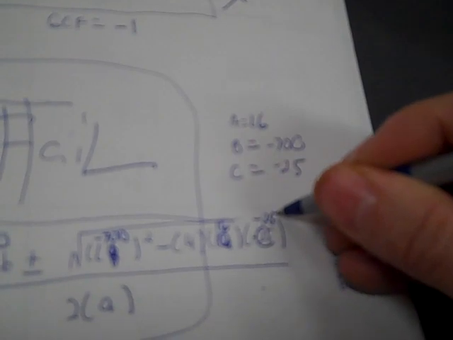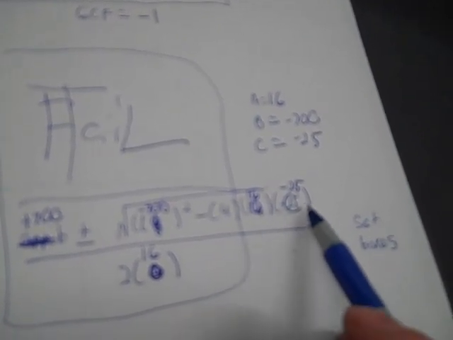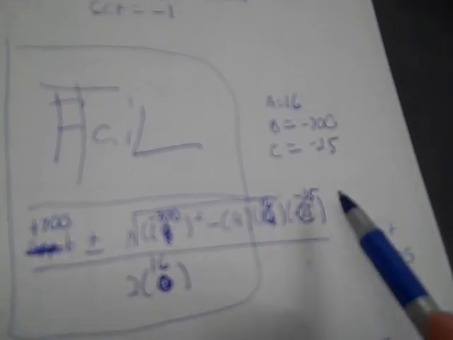A is 16, okay? C is -25. Then my A is 16. Okay, sorry, I jumped the gun too quick and put the numbers in. Start with 4AC and then put those in. Okay, so 2 times 16 is 32. So I got my 32, my 700 out here, and then the plus minus.